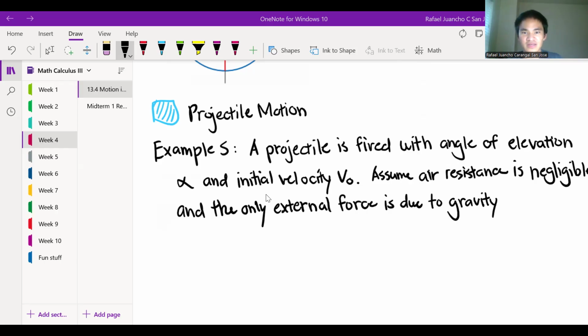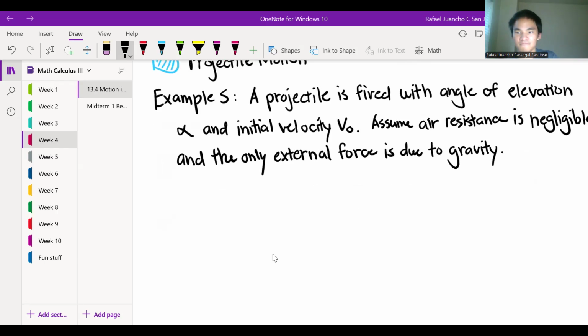And so our task here is we want to find the position vector. We're going to call it r of t, of the projectile.